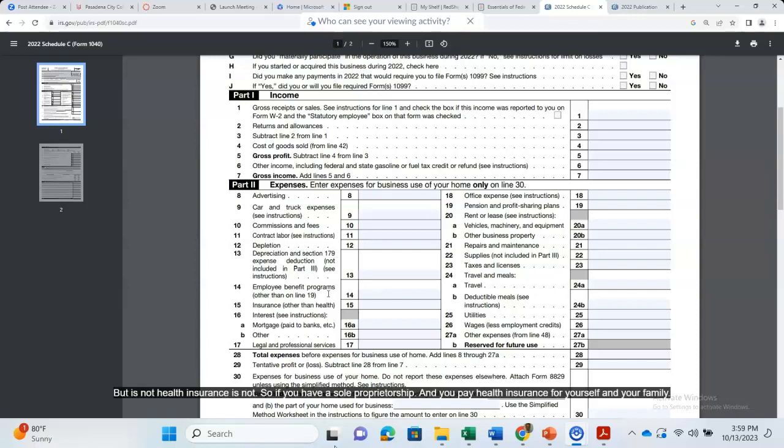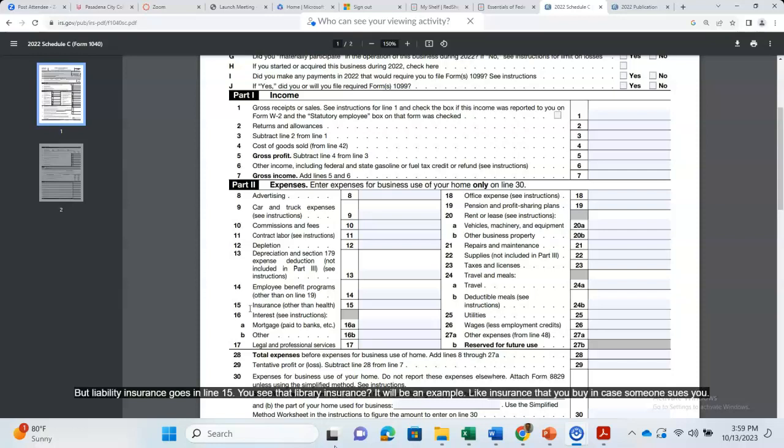So if you have a sole proprietorship and you pay health insurance for yourself and your family from your sole proprietorship, do not put it in here. I don't remember if it's Schedule 1, 2, or 3, but it's one of those schedules, which eventually goes in Form 1040.